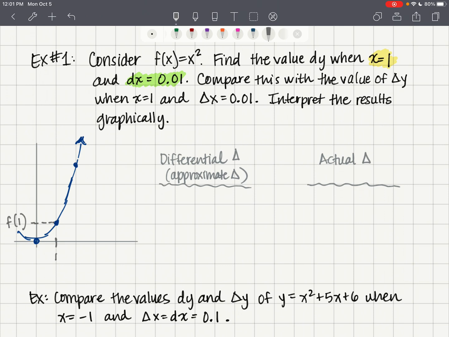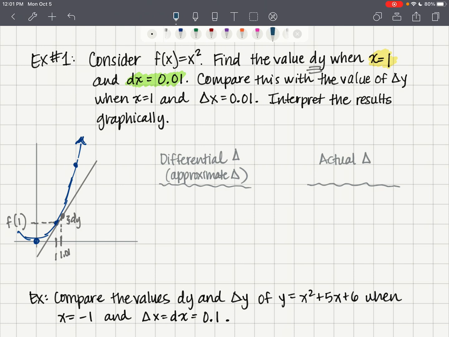And because we want to find the value dy, we're talking tangent line. So we're talking about the tangent line through that point. And we're talking about dx being 0.01. So 1.01 is my other input. So we're talking about that change right here. This change is dy.